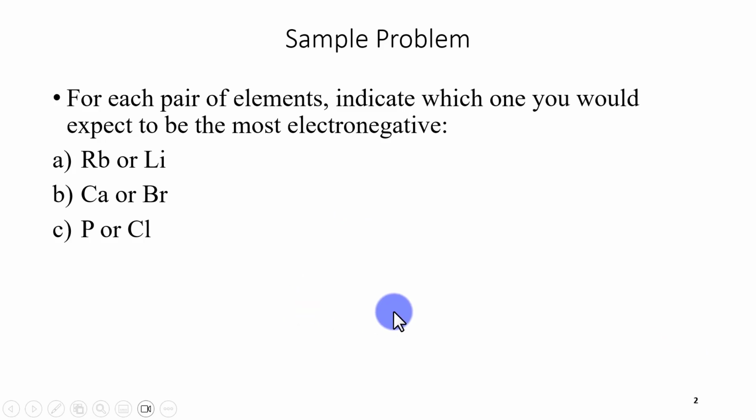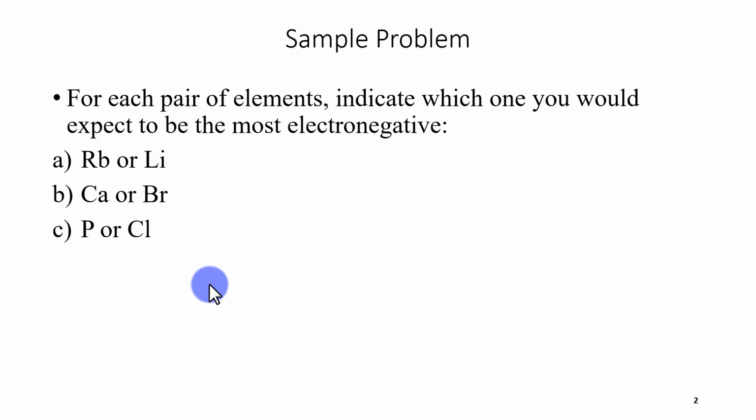Here's a sample problem, and I am going to do the first one for you, then you can work on B and C. For each pair of the elements, indicate which one you expect to be the most electronegative. Is it rubidium or lithium for question A? Then you will work on calcium or bromine, phosphorus or chlorine. For doing these types of problems, pull up a periodic table.